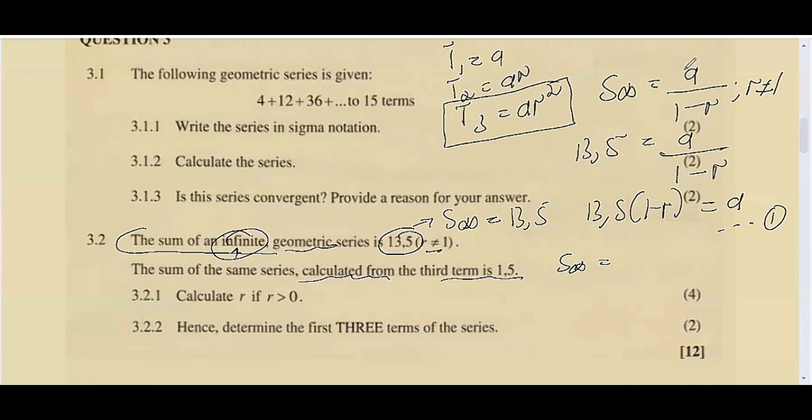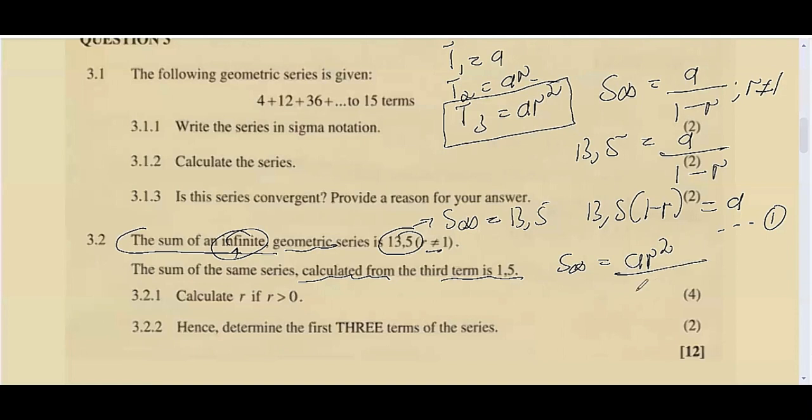So that means you'll no longer have a, you'll have the third term, which is ar squared, right? That means they excluded the first 2 terms. They excluded this one and that one. So now your series is starting from ar squared.